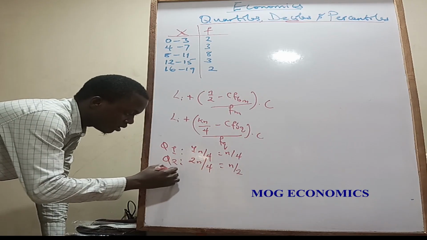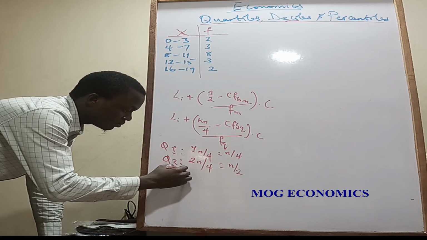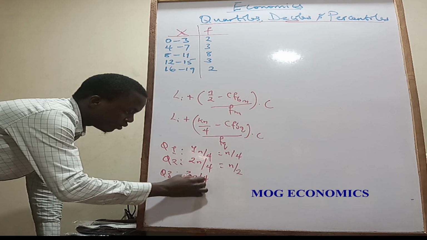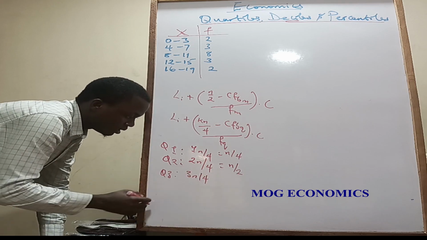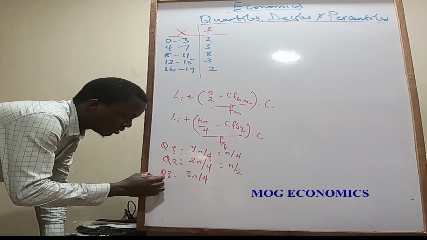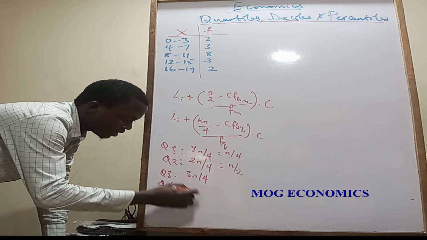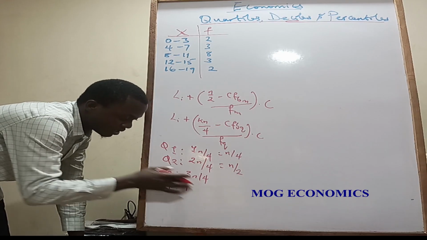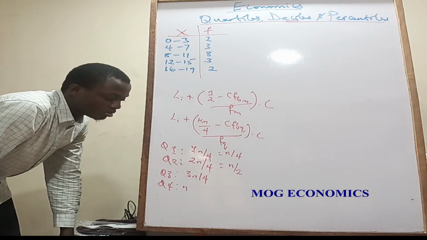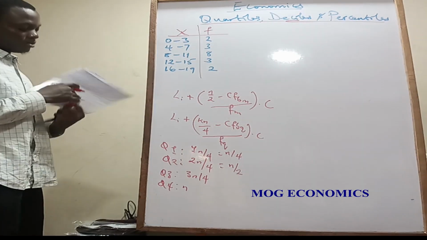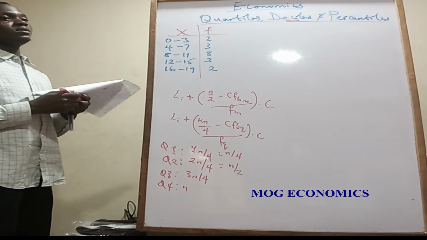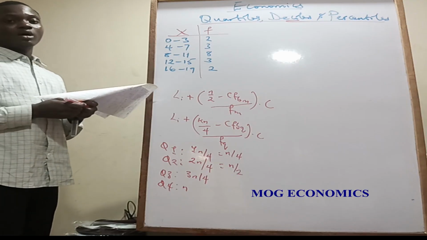And the third quartile, you'll be having 3n over 4. And then the fourth quartile is just going to give you n. So usually we never say anything about the fourth quartile in your textbooks. And then there are things like the interquartile range.